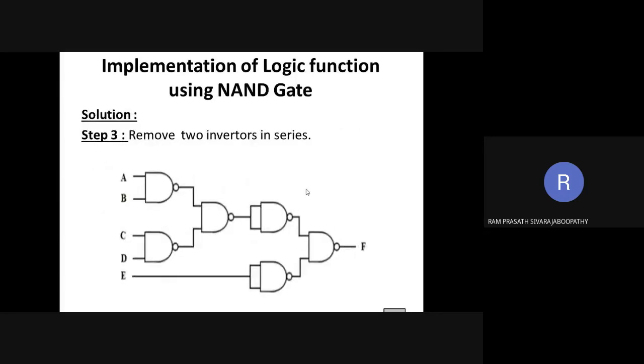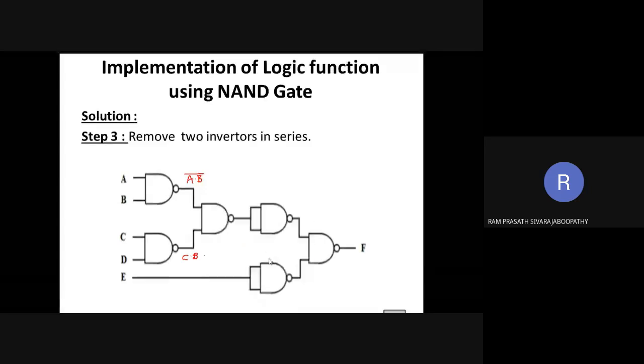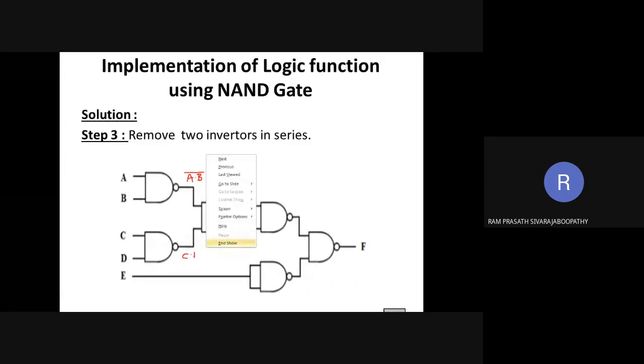Now I am going to derive the function. A NAND B means (A dot B) whole bar. Similarly here C dot D, sorry, C dot D the whole bar.